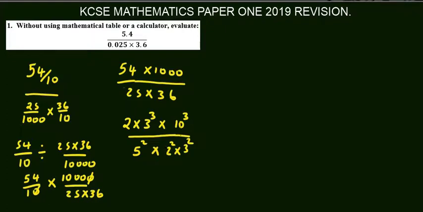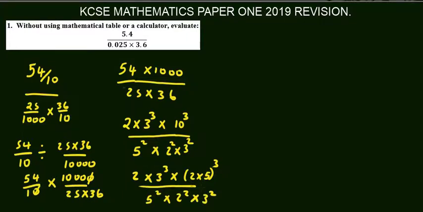Still on 10 cubed we can have 2 by 5, so we have 2 by 3 cubed by brackets 2 by 5, which is 10, raised to power 3, all over 5 squared times 2 squared times 3 squared.